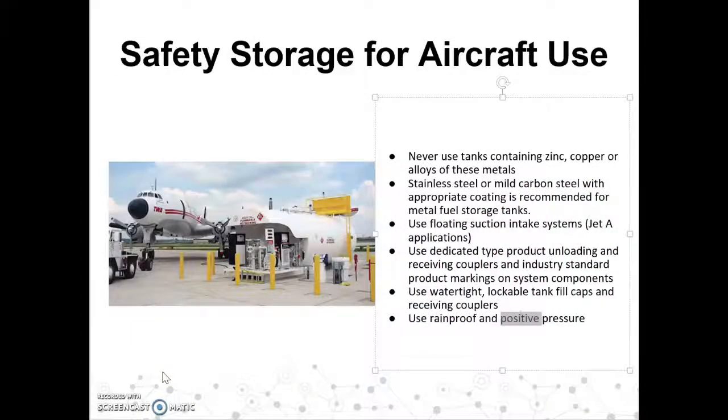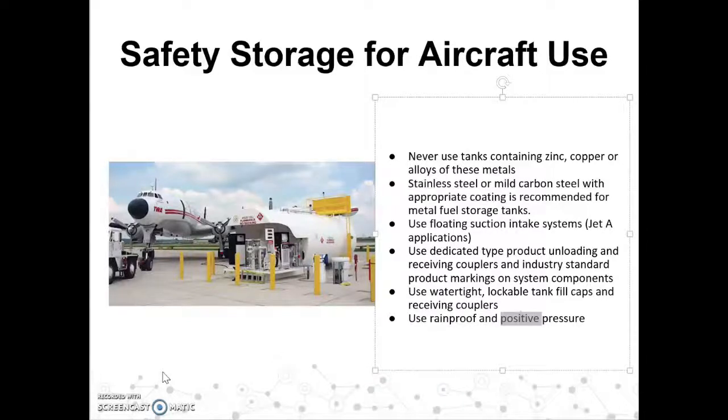Safety storage for aircraft use. Never use a tank containing zinc, copper, or any of those metals. Stainless steel or mild carbon steel with appropriate coating is recommended for metal fuel storage tanks. Use a floating suction intake system.